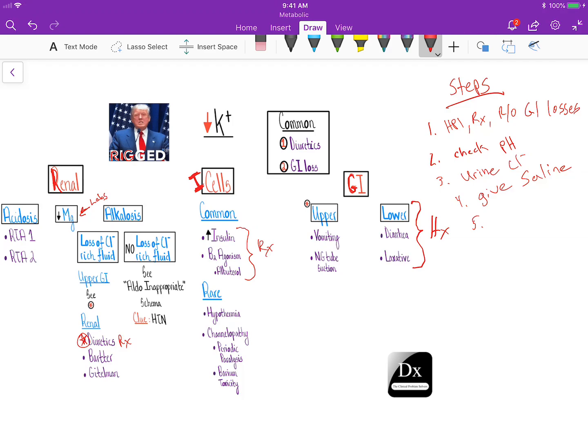And if you're suspecting one of the more rare conditions that can cause unresponsive metabolic alkalosis, like hyperaldosteronism, check the blood pressure of the patient, because that can help clue you in to know if this patient has inappropriate, increased hyperaldosteronism.